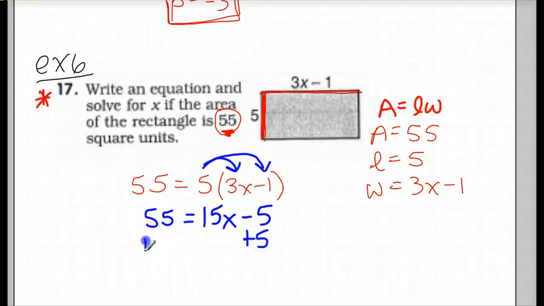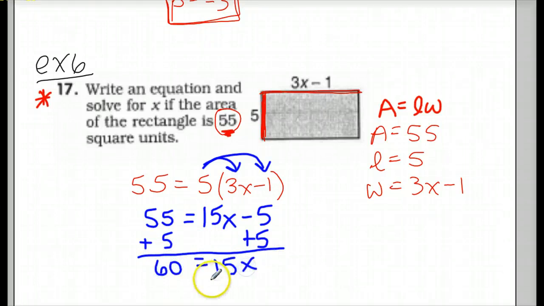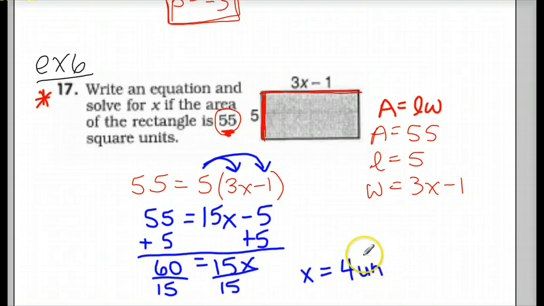So let's add 5 to both sides. We know how to do this. We get 60 equals 15x. We divide both sides by 15. We get x equals 4. 4 units. They don't tell us what it is. They just tell us they're square units. So this is 4 units.